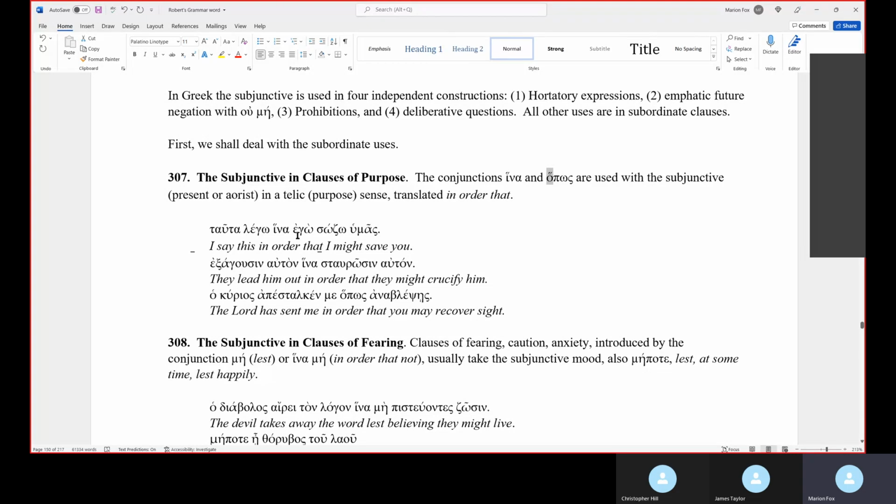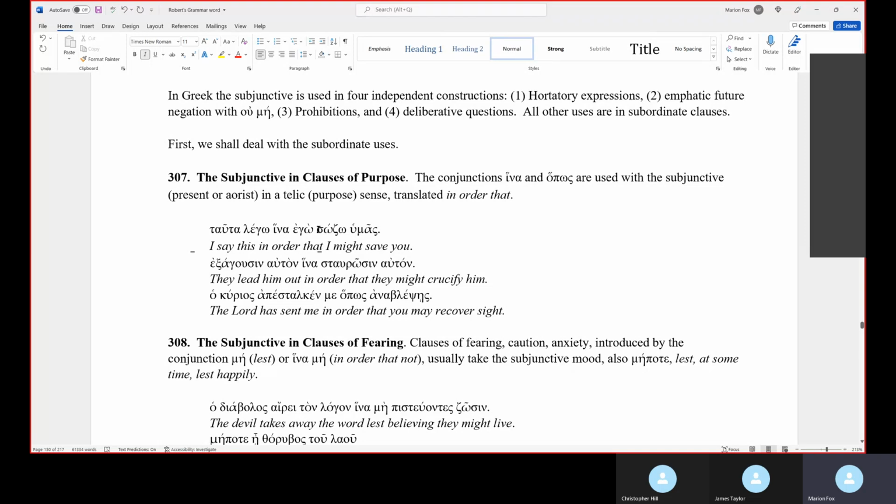Tata, lego, hina, ego, soze, humas. So right here, this I say. Now then here, hina is going to introduce a purpose. So it's introducing a purpose clause. I say this with the purpose that I may save you.